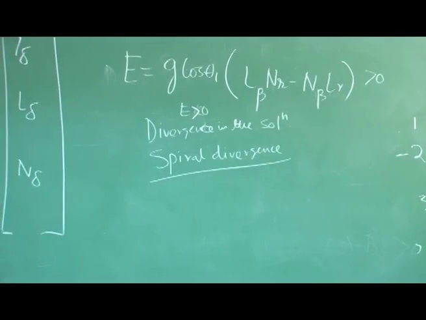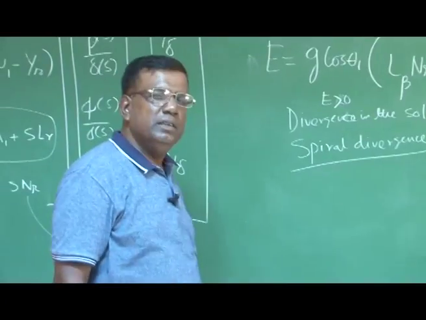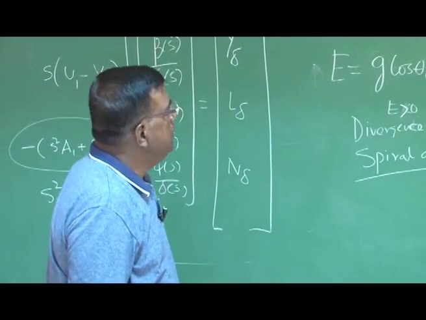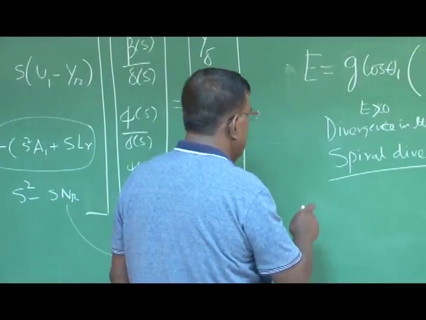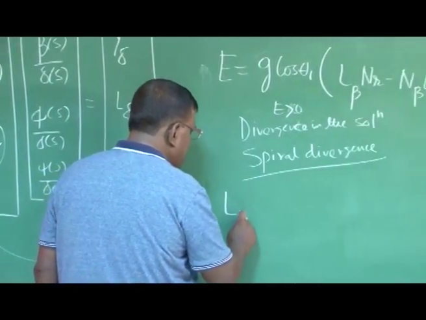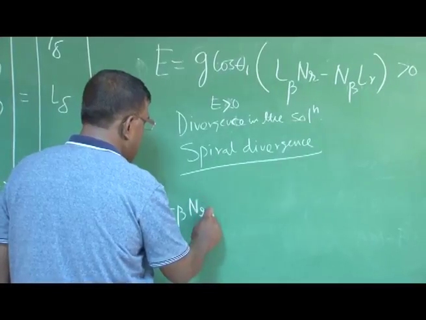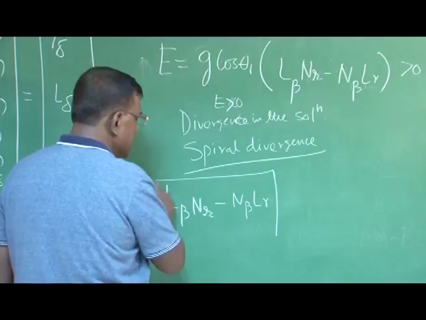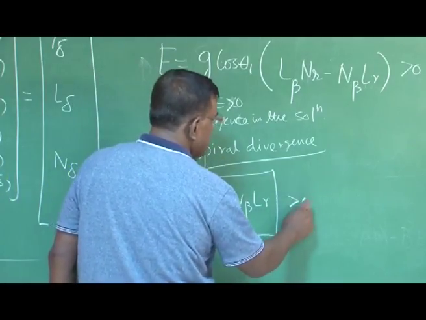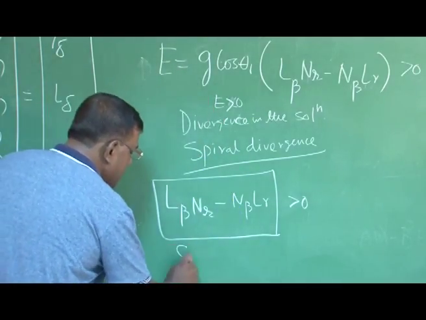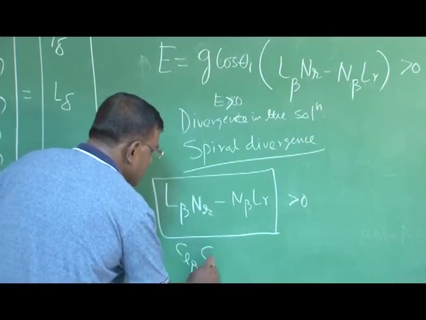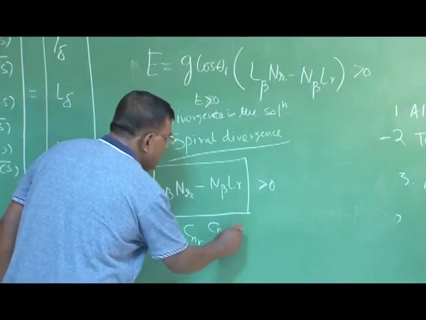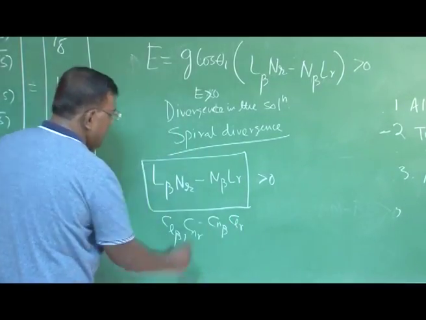Most airplanes have a very weak root in spiral divergence, so it is manageable by the pilot. Don't worry too much about it. But fundamentally, the combination L beta Nr minus N beta Lr should be greater than 0. So Cl beta, Cnr, Cn beta, and Clr play important roles.